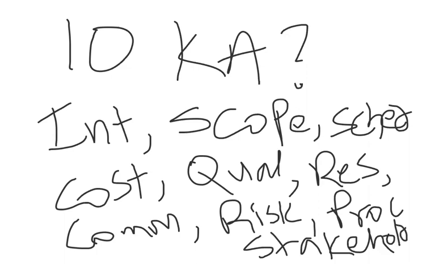Okay, integration management, scope management, schedule management, cost management, quality management, resource management, communications management, risk management, procurement management, and stakeholder management. All right. What are the 5 process groups?